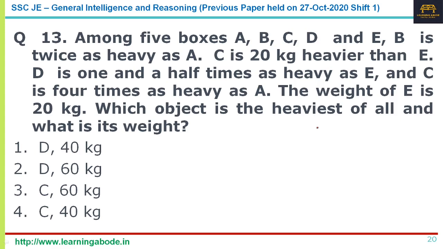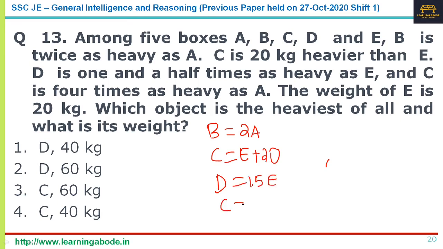So, there are five boxes A, B, C, D, E, and some information is given. B is twice as heavy as A, C is E plus 20, D is 1.5 times E, and C is 4 times A. Also, very importantly, E is 20, so directly the number is given.